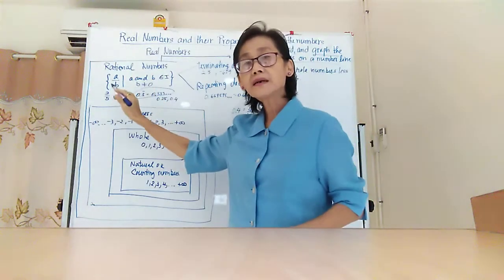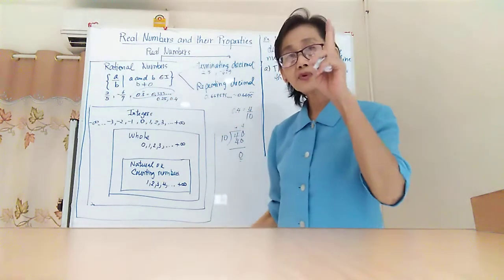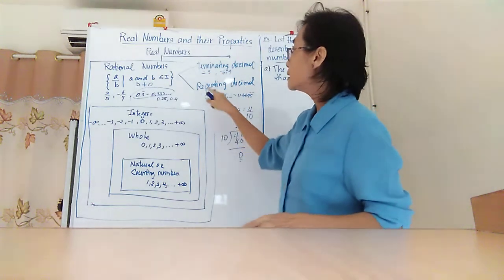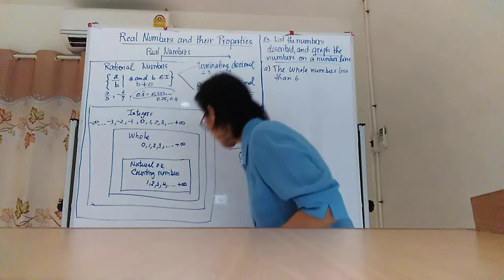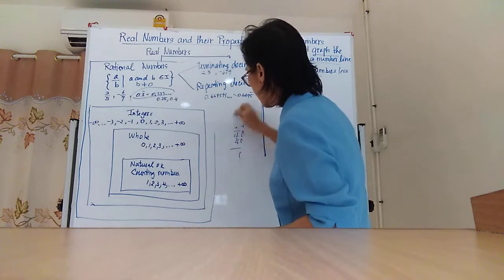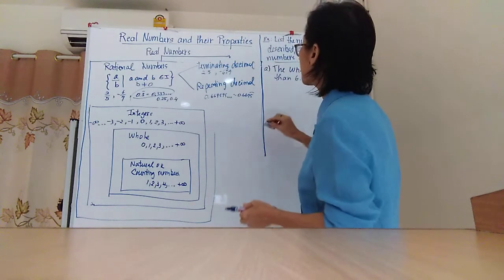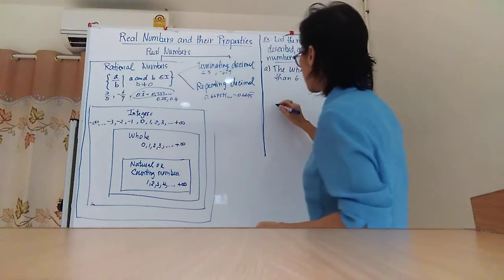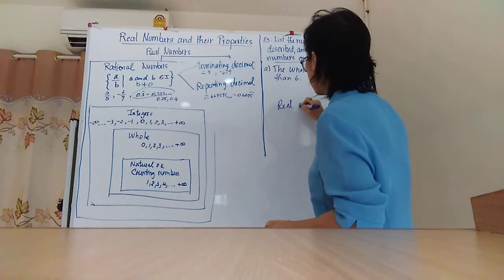So now we know the definition of rational number. We're going to have 2 kinds of decimal. That's an example also. Okay. So next one is about rational numbers. But then we know, okay, I like this way, real numbers.